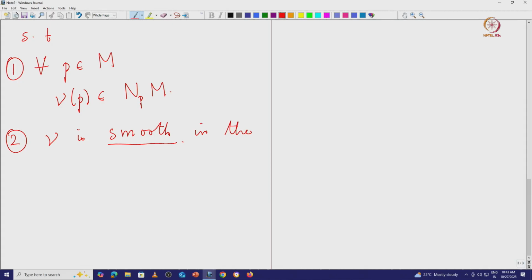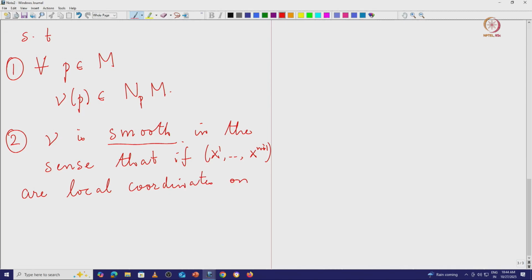It means that if x1 to x_{n+1} are local coordinates on some open set U tilde in M tilde, such that M intersected with U tilde is given by a slice where the (n+1)th component is 0.